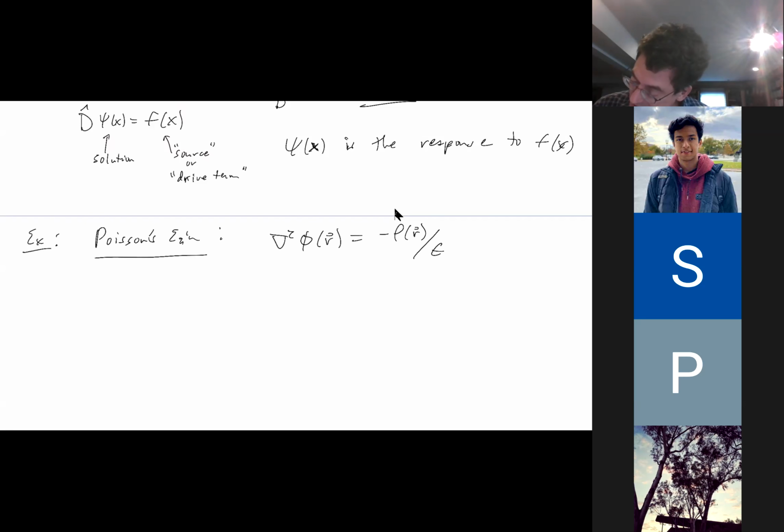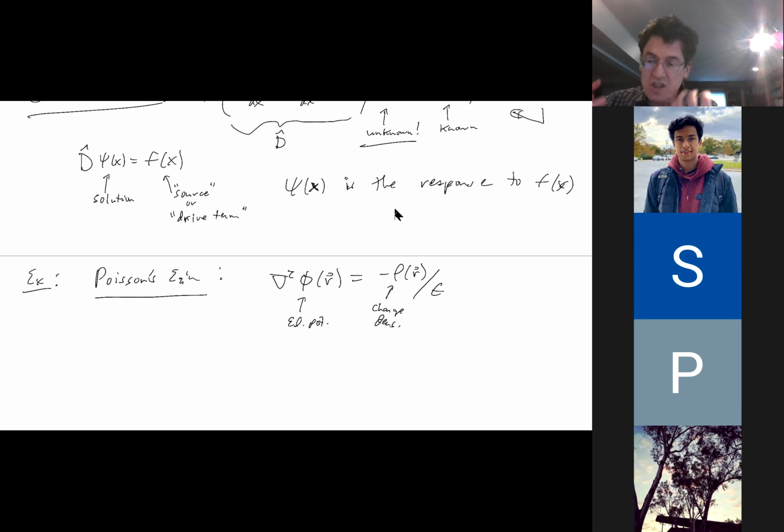Where phi is the electrostatic potential, and rho is the charge density. When you look at Poisson's equation, you have charge density, which you've all seen before, and the charge density is equal to this.